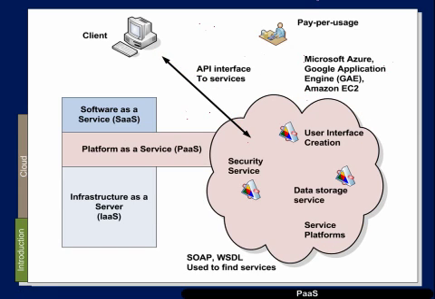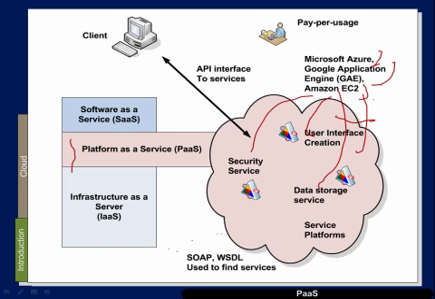Then at the level above that we can have a platform as a service. So examples of this include the Microsoft Azure, Google Application Engine and the Amazon EC2, where we get services provided for us that we can then consume. So it might be a data storage service, maybe a user interface creation service, and so on.